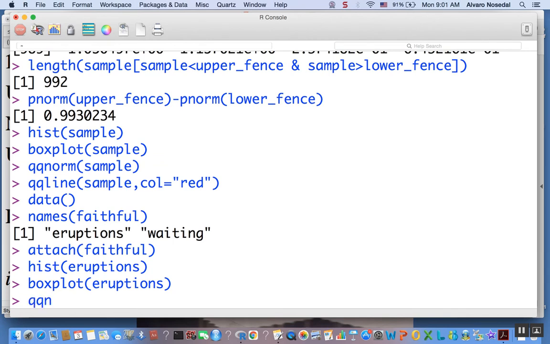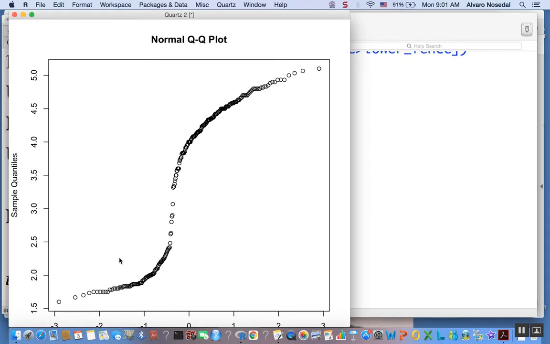We could make a QQ plot, and then these guys are very far from forming a straight line, right? And that's what you would expect. That's a kind of pattern that you would expect for a QQ plot if the observations come from a normal.